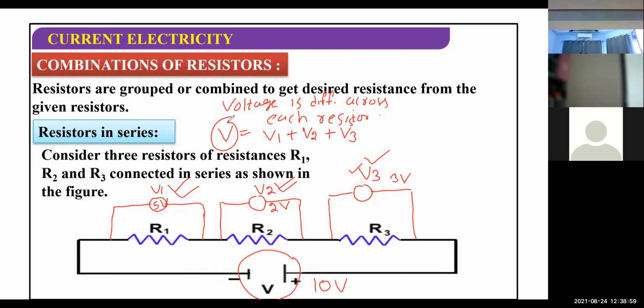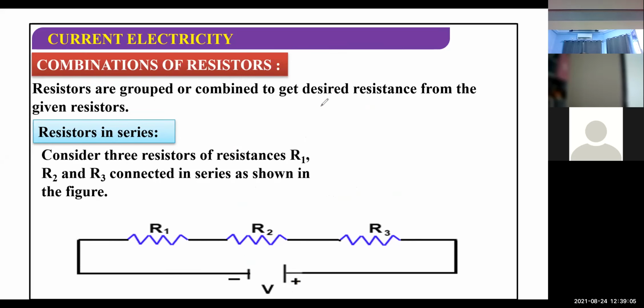Now students, next term. In our exams, a question generally comes: what is the total resistance in this combination? Sometimes instead of total resistance, another word is used, effective resistance.